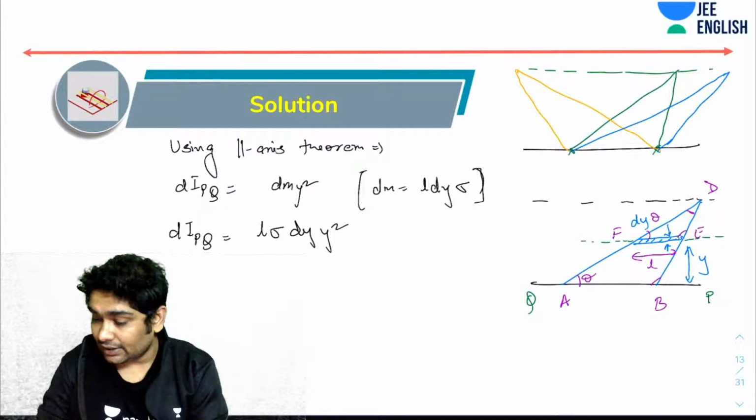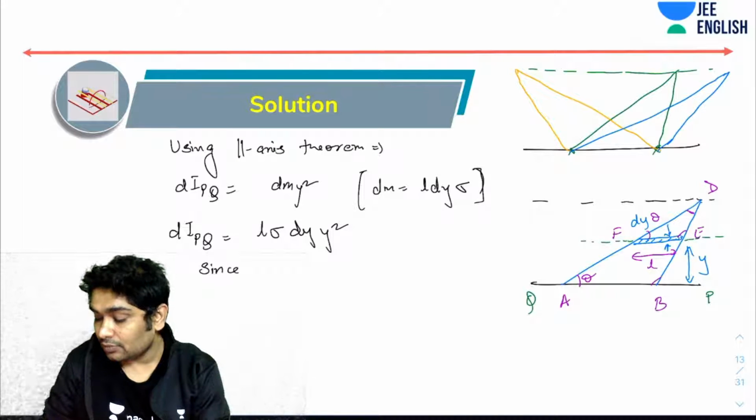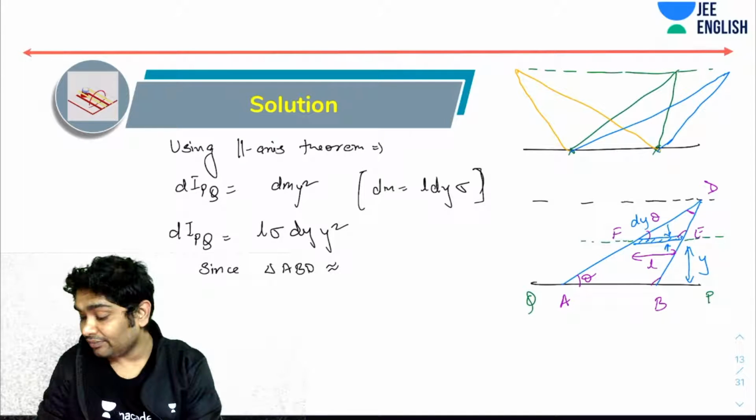So I can say now that triangle ABD is similar to triangle DEF.